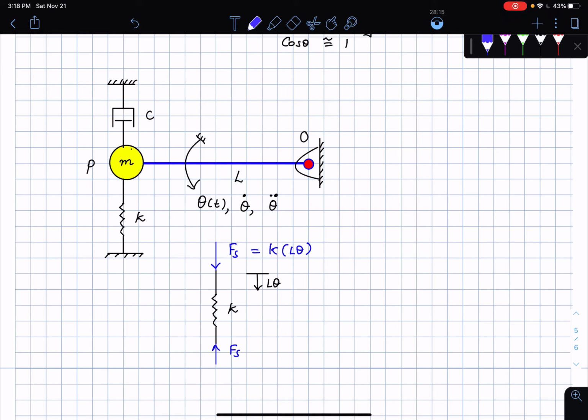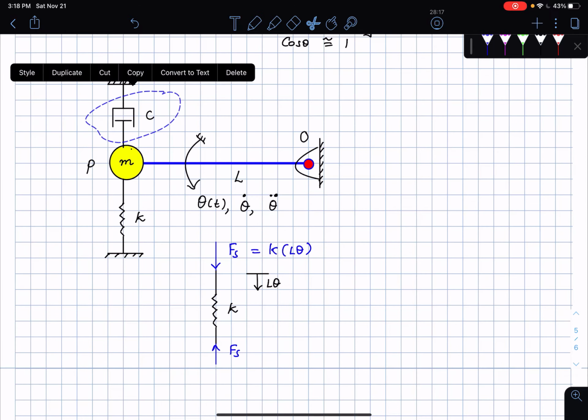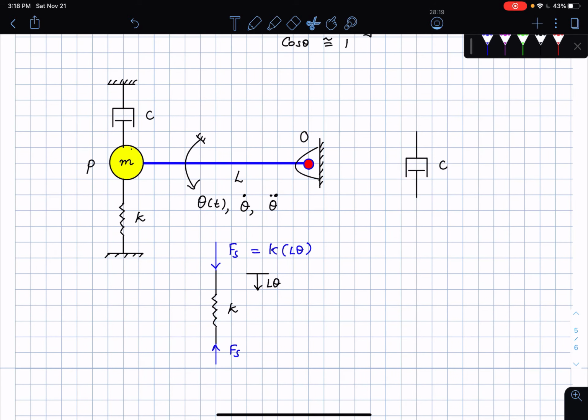And if I look at the damping element, if I copy that and draw this out here, the bottom of the damping element is going to have a velocity which is L times theta dot. The velocity of the other end is going to be 0. That is defined from the SEP, and this is also defined from the SEP. So if I look at the restoring force, this is going to be pulled down this way.